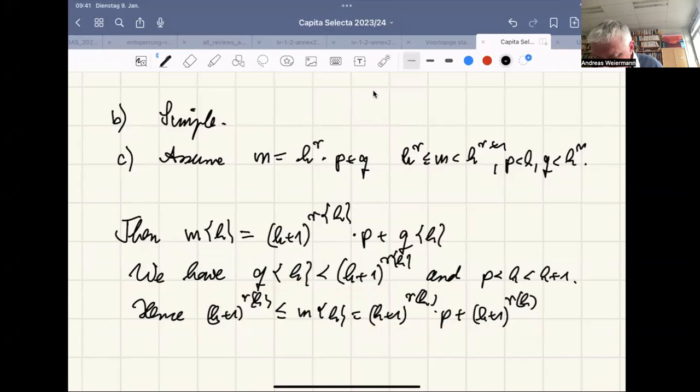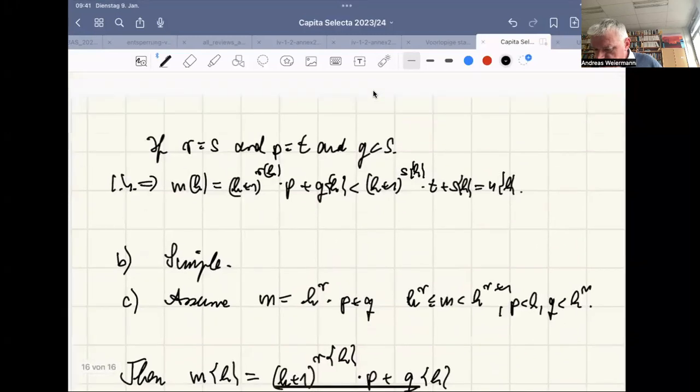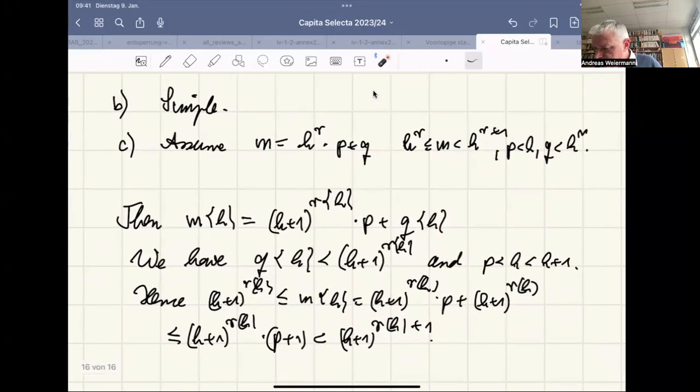So this is bounded by (k+1)^(r_k) times (p+1). p is smaller than k, and p+1 is strictly smaller than k+1. So this is strictly bounded by (k+1)^(r_k + 1). Aha, and this is finally needed to show that this term here is in Goodstein k normal form.